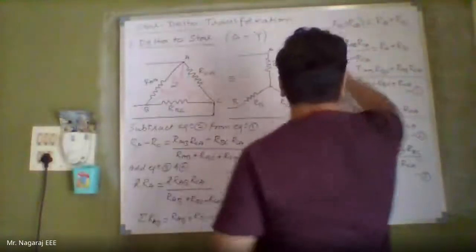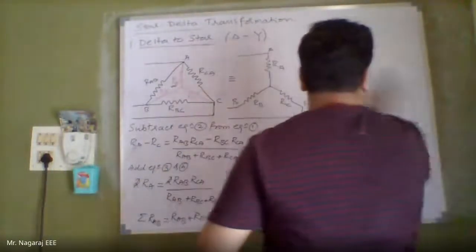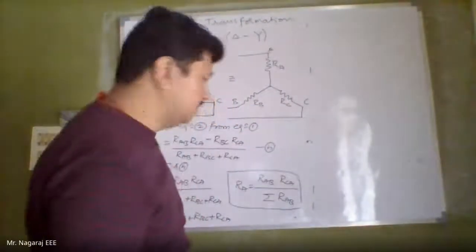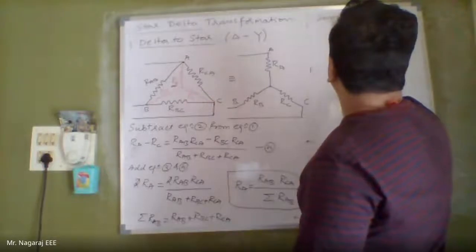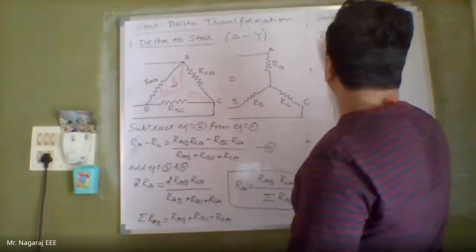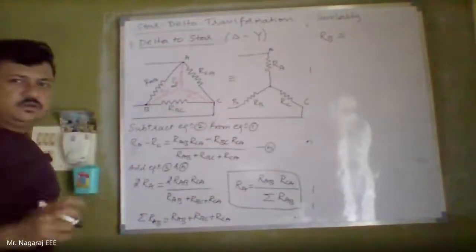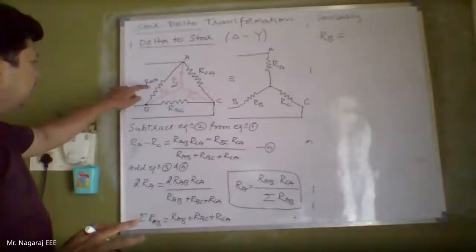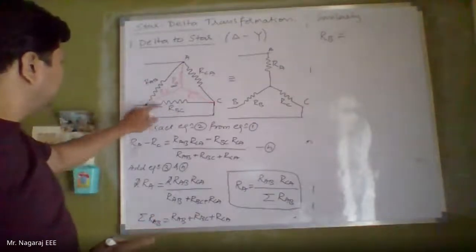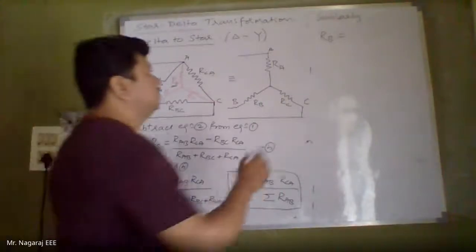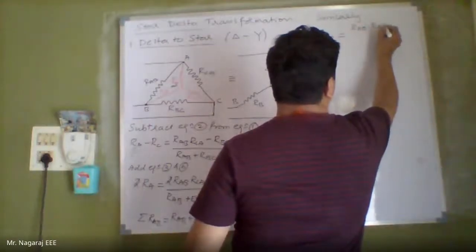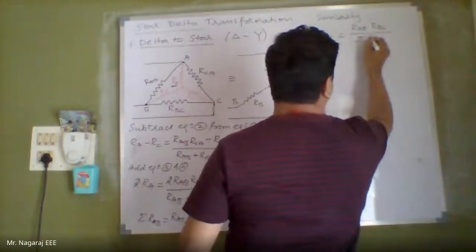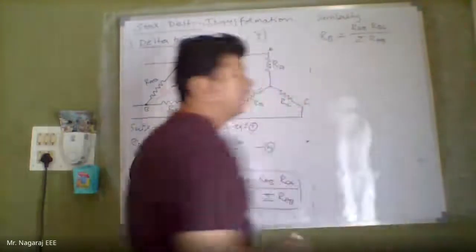So similarly, RB is connected to terminal B. Take the product of the two resistances connected to terminal B, that is RAB and RBC, divided by summation RAB, the sum of all the three.